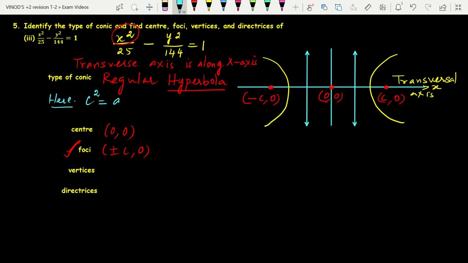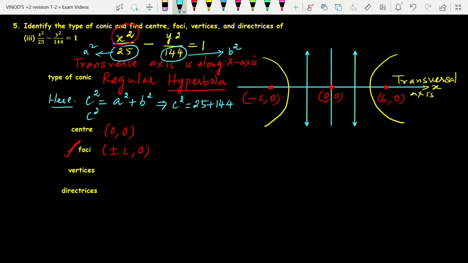So here, what is the formula for C square? C square is equal to A square plus B square. A square is the first term denominator. A square is 25. B square is 144.